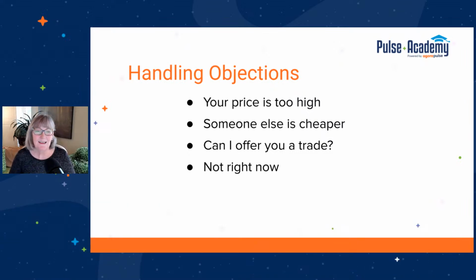So, handling objections. Let's say you go through this whole process and you've worked out on the calculator your fee for the month for this particular client. And then they come back and they say, your price is too high.